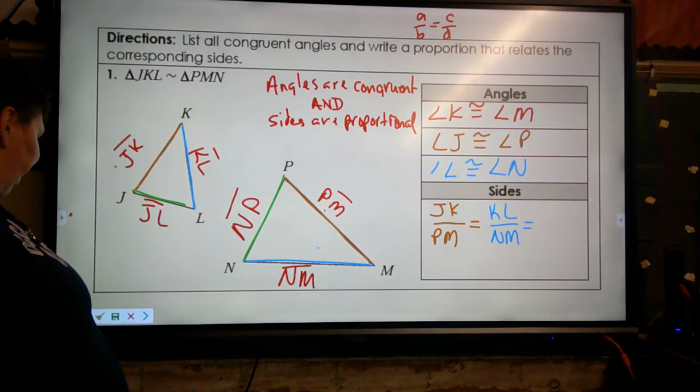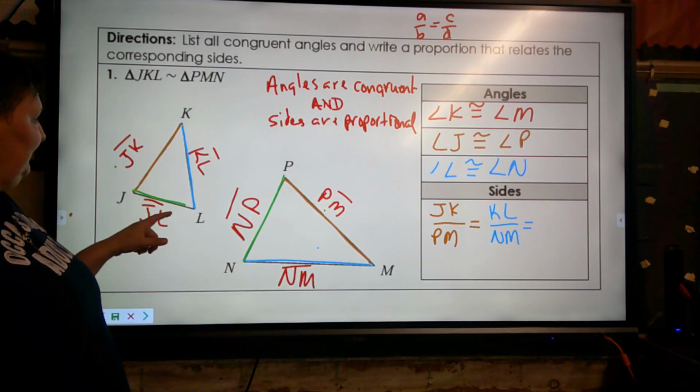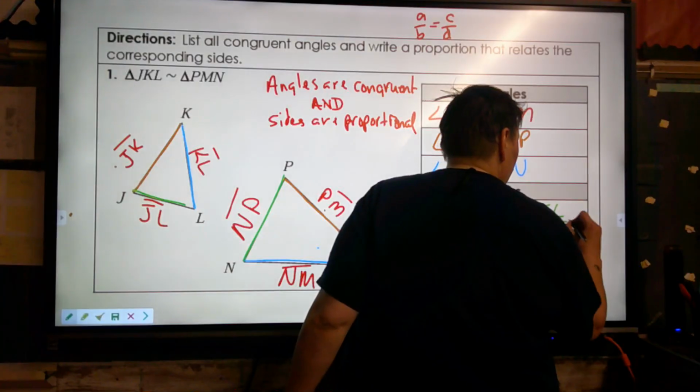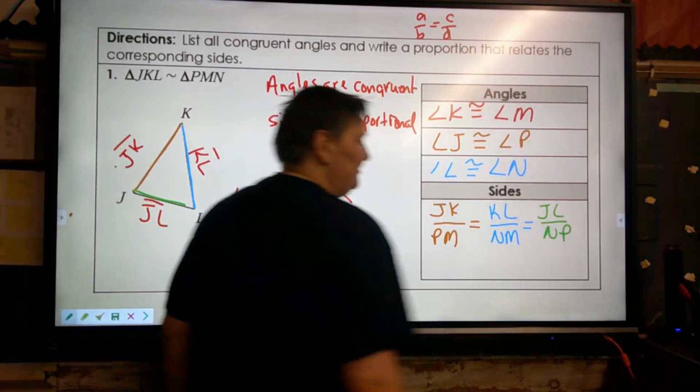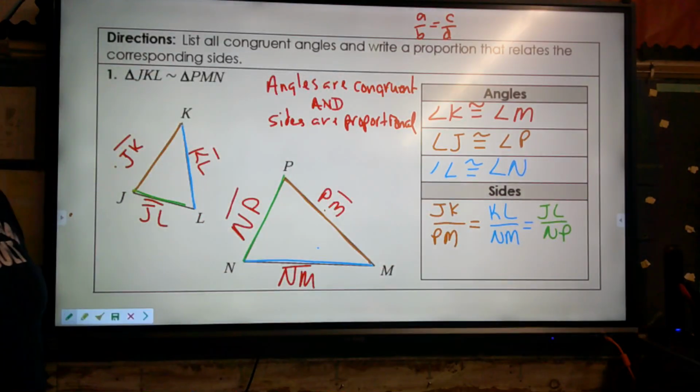That's right. Do whatever works for you. And then JL, NP. These are our ratios, our corresponding sides. Make sense? A little? Let's do another one.